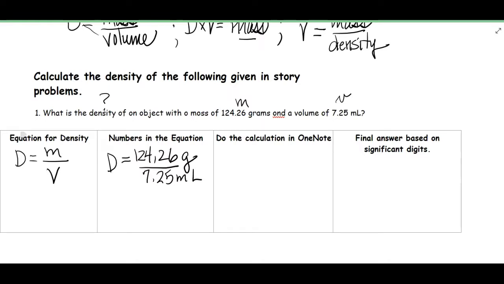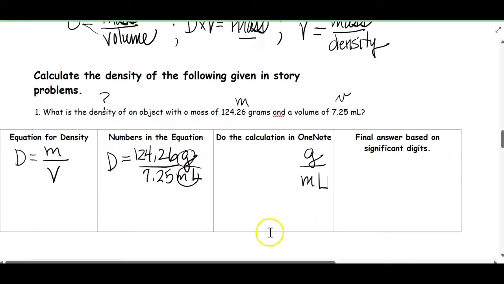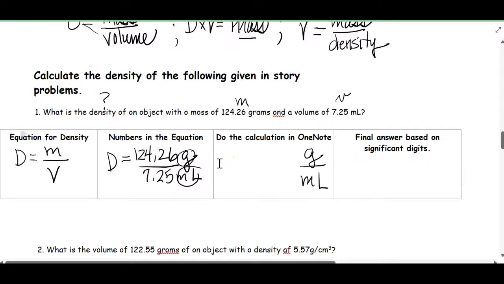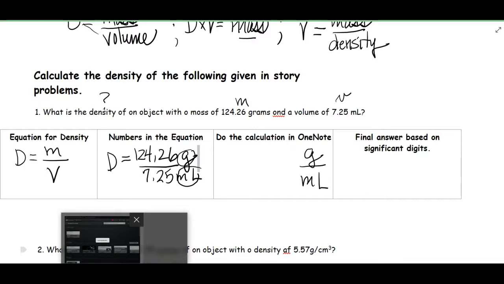Now we see we have two different units here, grams and milliliters. So grams divided by milliliters will be the unit of the answer. So that means the density equals... let's see if I can get this to work right. We may have to pull up my calculator.